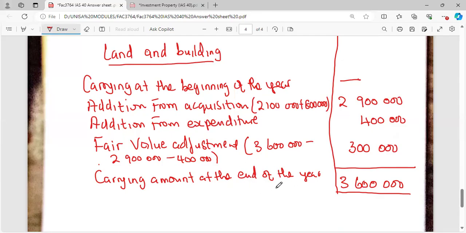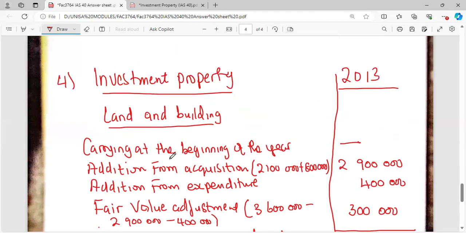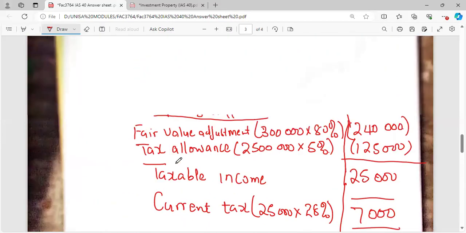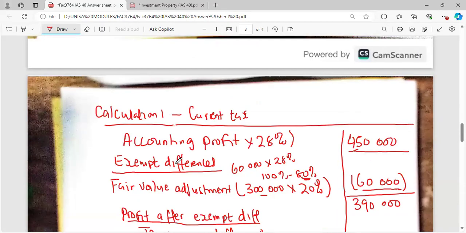The only problem comes when you start to struggle with this skeleton. Then there's going to be a problem because you are now having two challenges. One, to look for the figures, and one, to determine how to put my skeleton. So that's all about investment property.